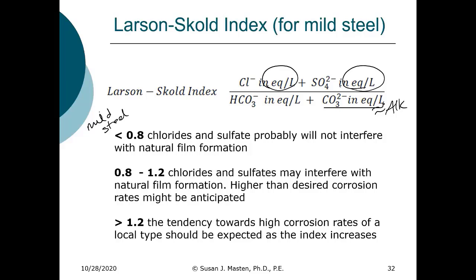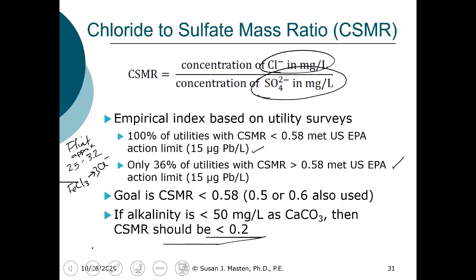So the question is, what do I mean by "met"? Okay, so this action limit is a treatment technology limit. And the way the Lead and Copper Rule is written is you monitor for lead every 3 years, or more often if you change the system.